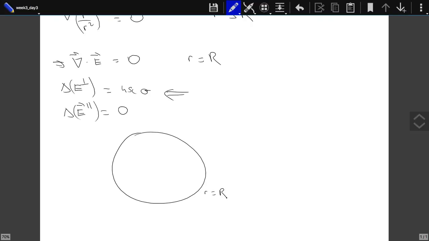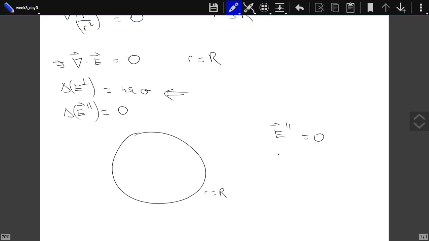At any point, the parallel component of the electric field is equal to 0. The electric field is radial or 0 everywhere, but radial means it's perpendicular to the surface at every point. So there's no additional restriction from the requirement of continuity of the parallel component.